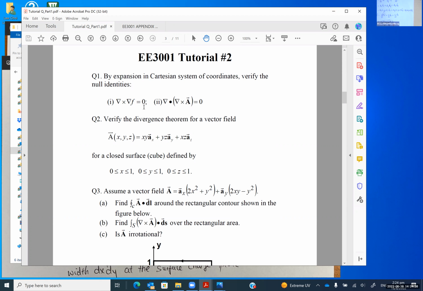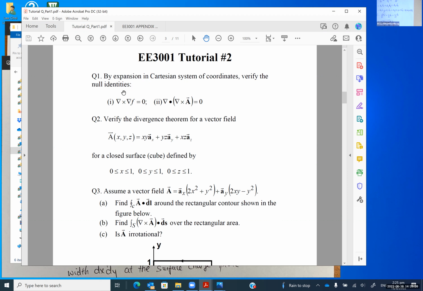Any of you got difficulty starting this? No? So how to show it is equal to 0? Start from the left-hand side or the right-hand side? Obviously, if you start from the right-hand side, you're in dead trouble, it's 0. So start from the left-hand side. We know del is a vector.